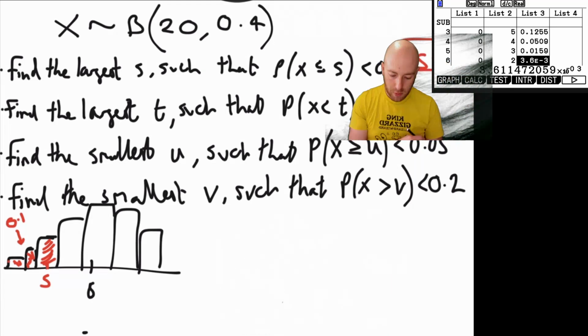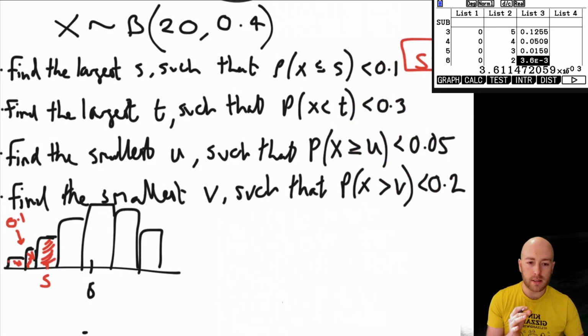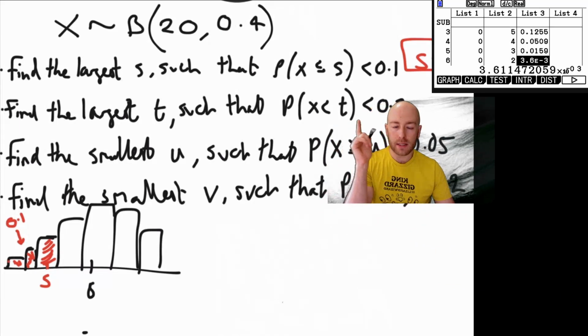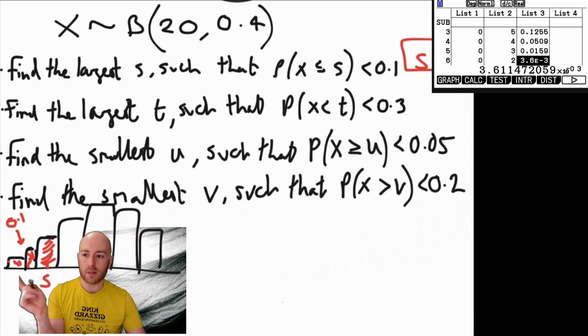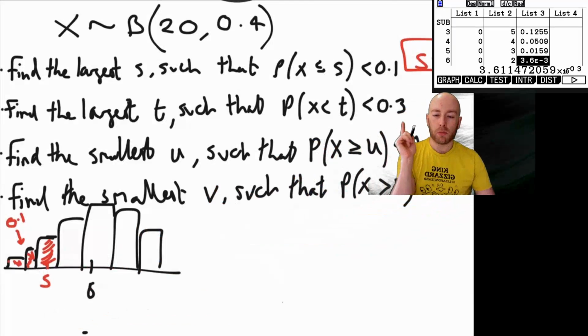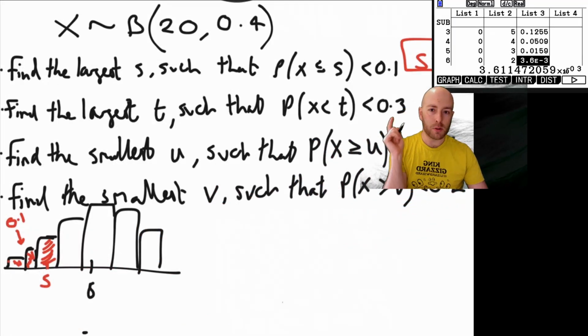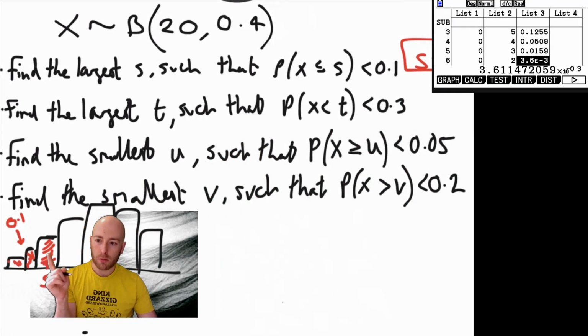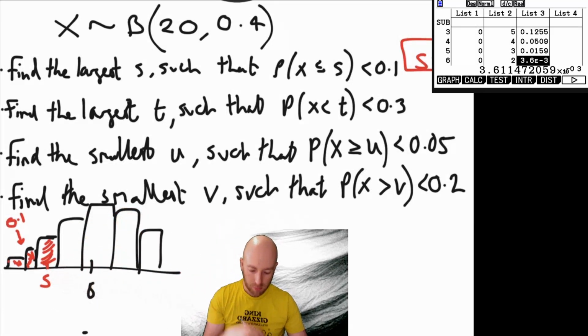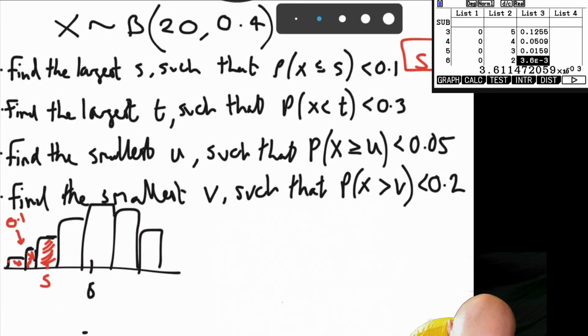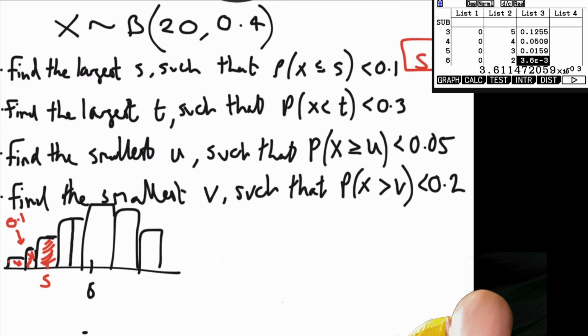I'm using the same distribution. I'm going to find the largest t value such that the probability of being less than t is less than 0.3. So again, we're still somewhere in this region, but the probability now is 0.3. So t is probably the next one up or somewhere. I'm going to divide that bar into 2 just so it looks a little bit different.